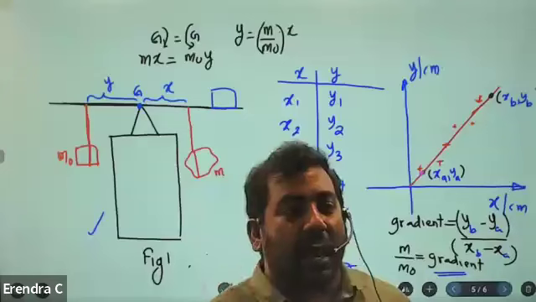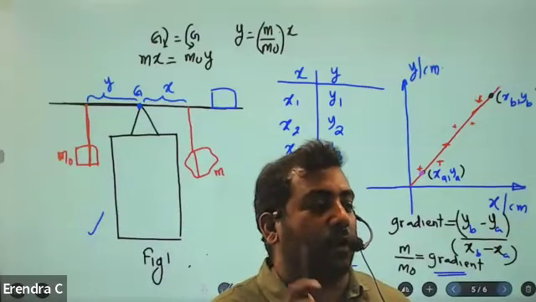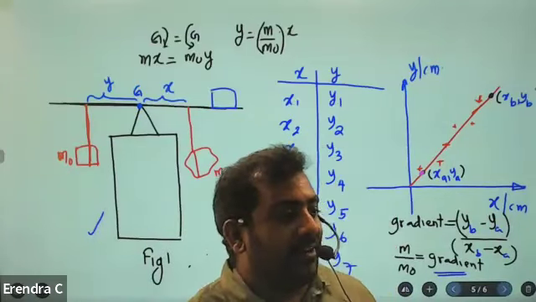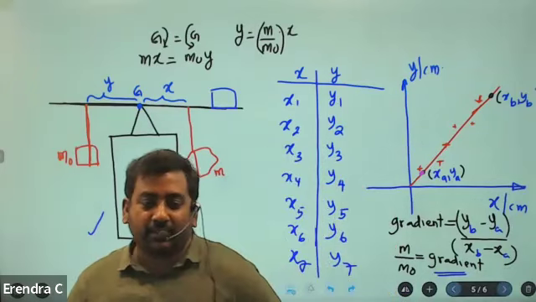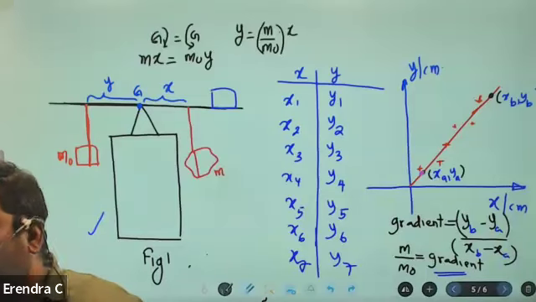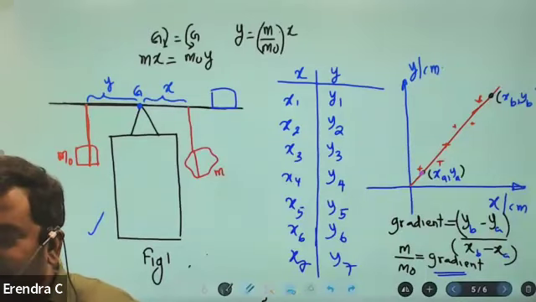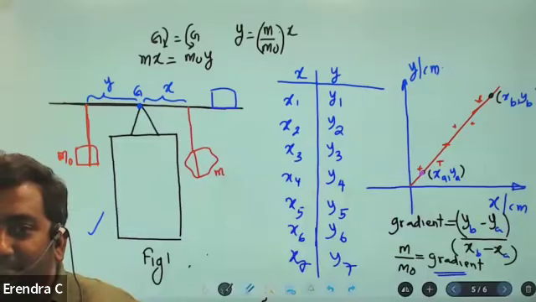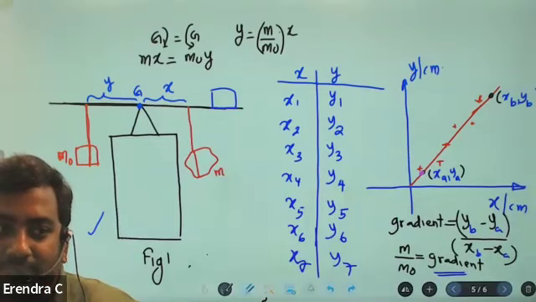Why can't you place the mass on the ruler? Why do you have to hang it? Think and tell. Don't always start with accurate. I am asking why. Why means there is only one answer.